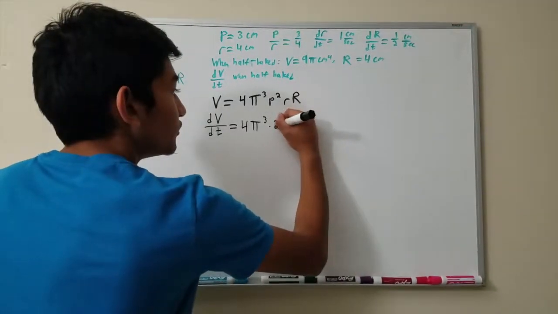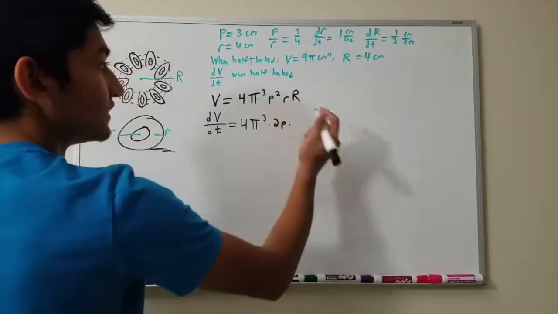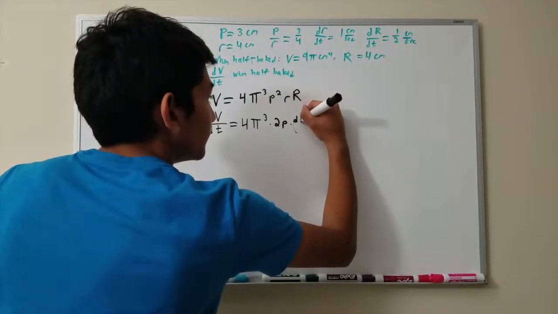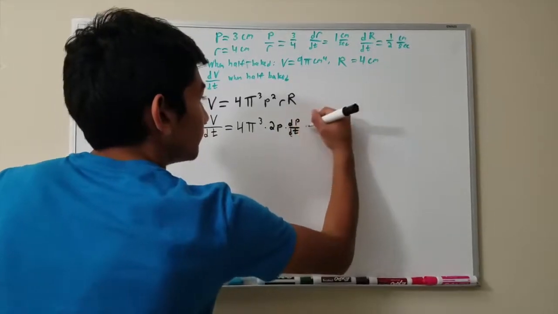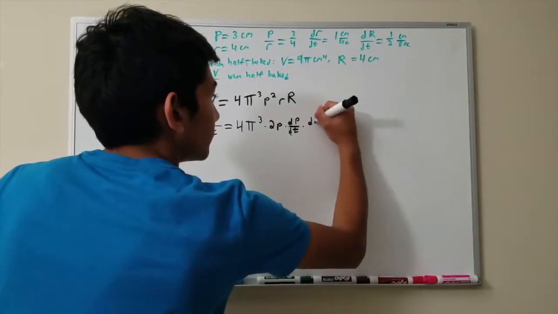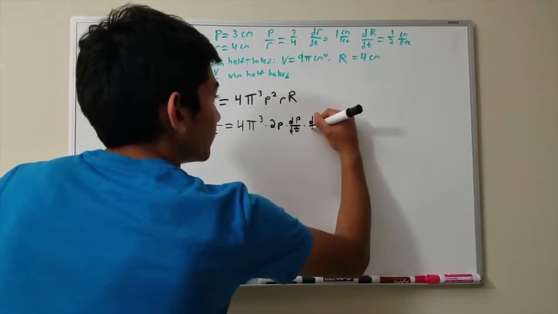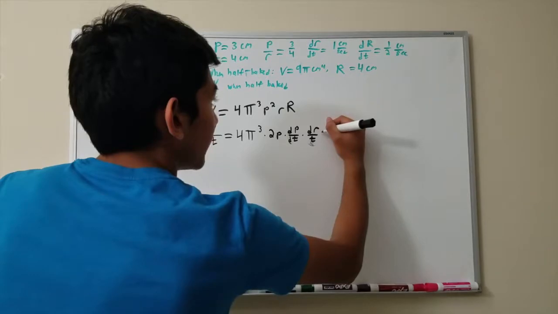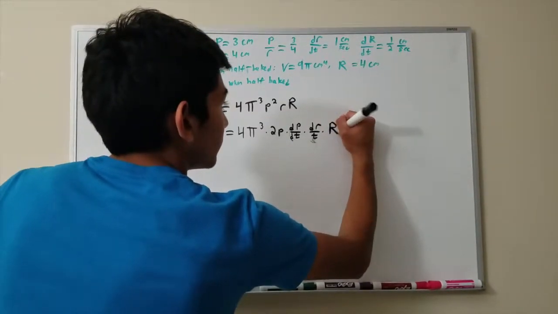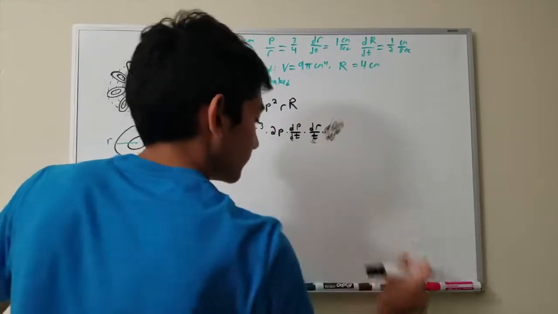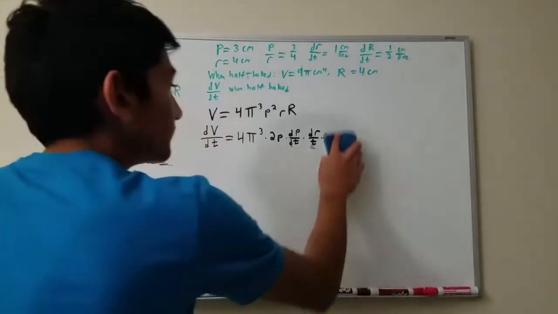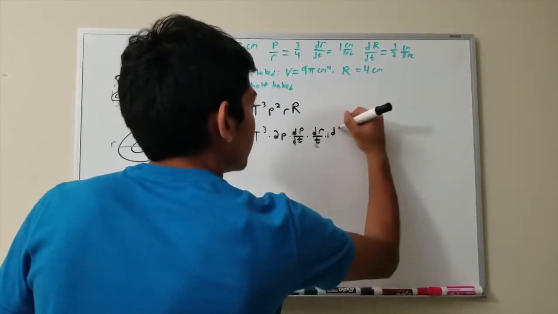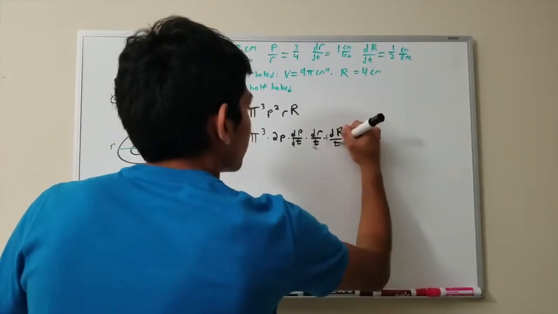So we get 2P times the inside function, the change in P with respect to time, times the entire radius, plus the change in the major radius with respect to time.